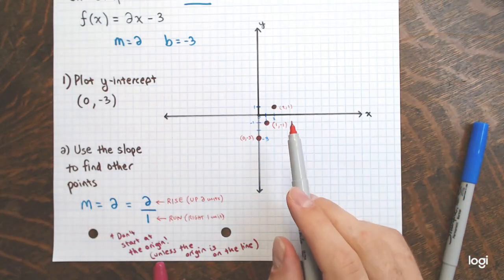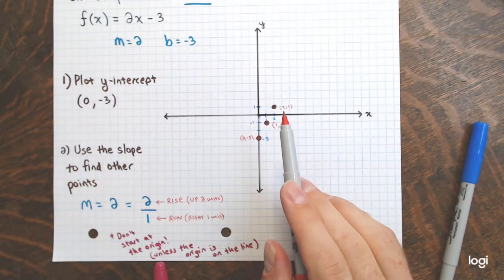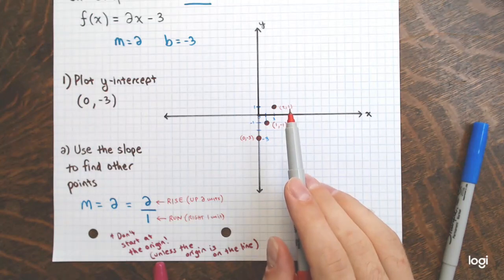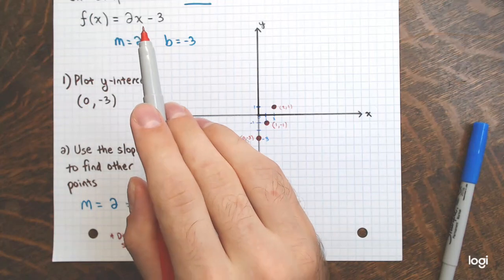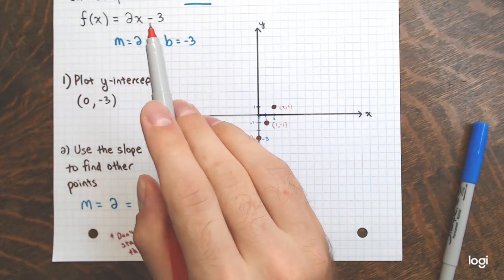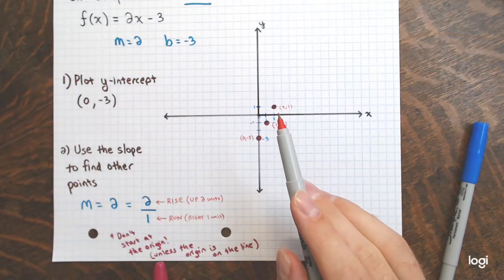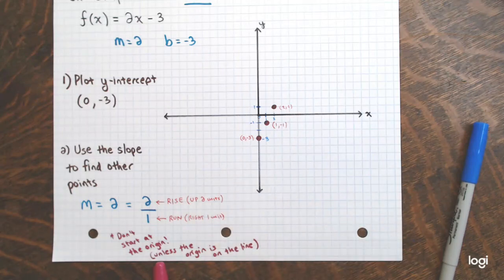And again, let's double check that. Is f of 2, the value of the function when x is 2, equal to 1? Well, replace x with 2. 2 times 2 is 4. 4 minus 3 is indeed 1. So that ordered pair belongs to the function.